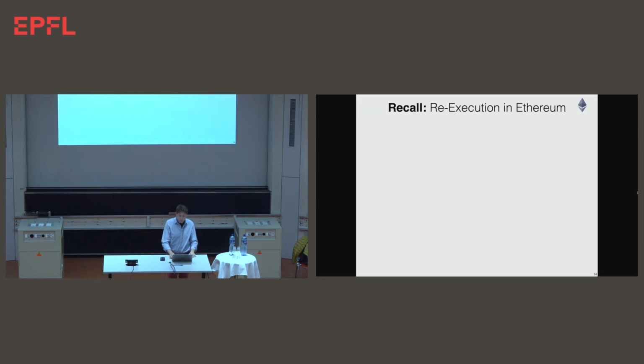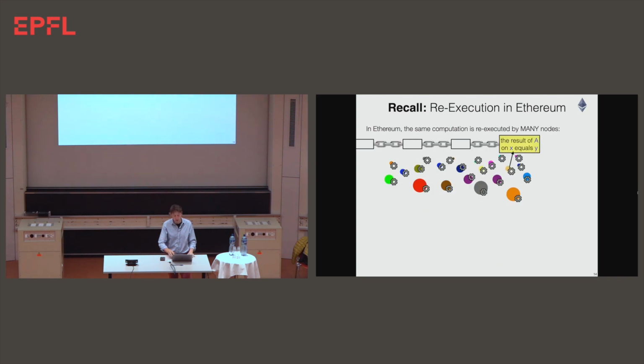So, again, to come back to the beginning of the talk, in Ethereum, the same computation is re-executed by many nodes. Right? There is one block that is proposed by one of the nodes. Everybody else has to check it, or at least a majority of the nodes, according to some notion of majority, before it gets approved to be added to the official log of events. Of course, the first natural thing to do would be to say, okay, we have a SNARK, great.